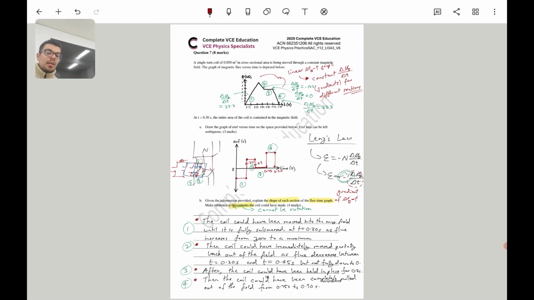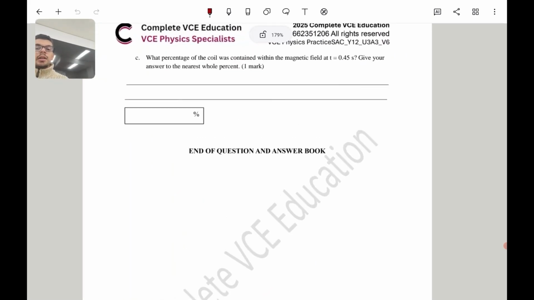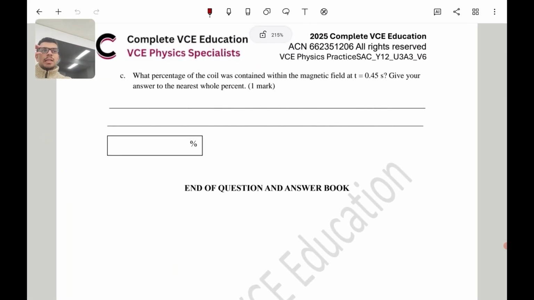That's another way that the magnetic flux could have changed. However, keep in mind that in this question we are saying that the coil has been moved through the magnetic field. So for whatever scenario you chose for part B, you would have had to involve some sort of movement of the coil.